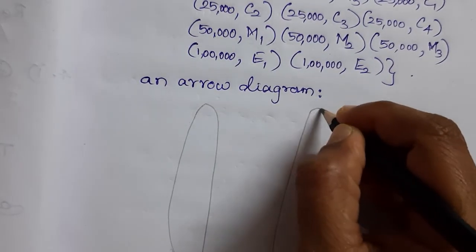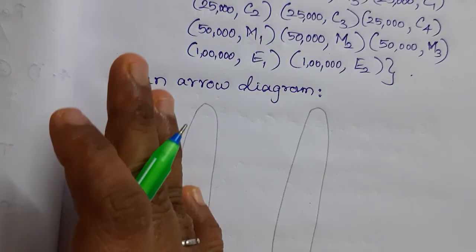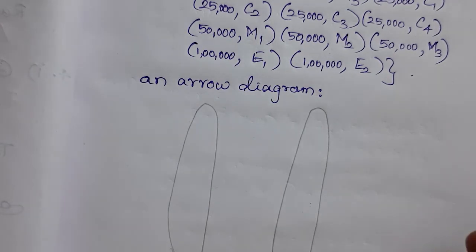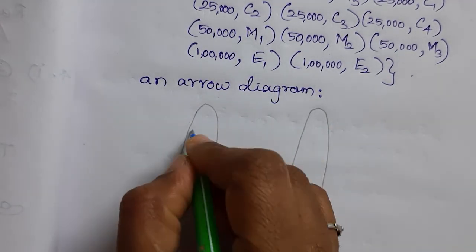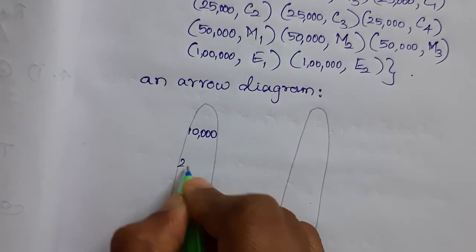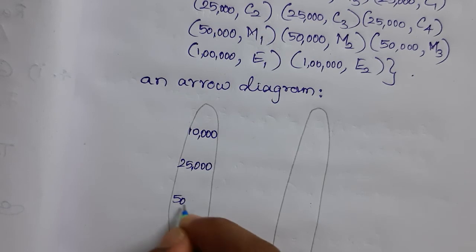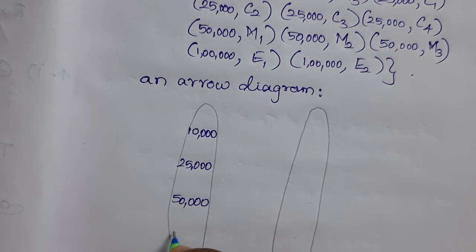Here you need to draw the oval shape a little big because you have more values. So here I told you it is related, X is related to, salary is related to the person. So there are 4 types of salary, which is 10,000, then 25,000, 50,000 and 1 lakh.